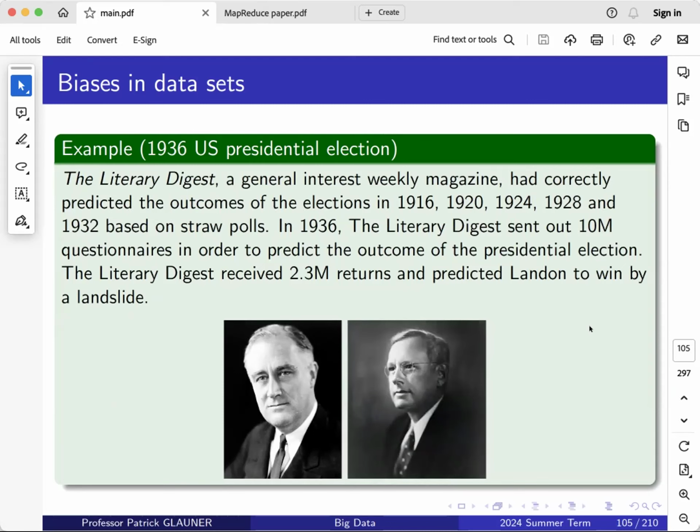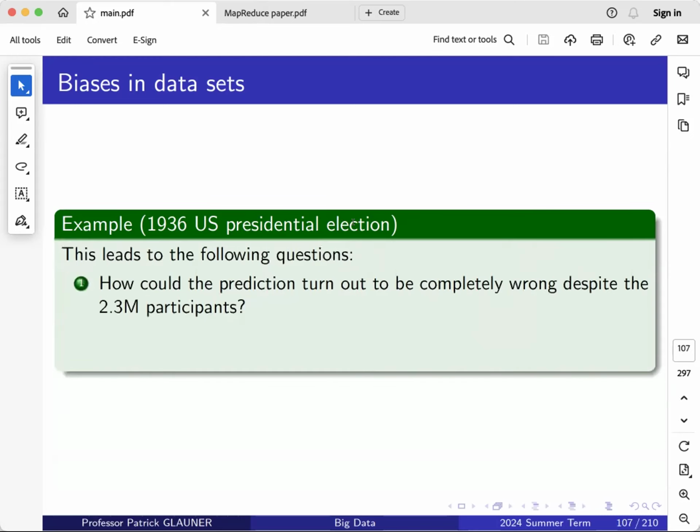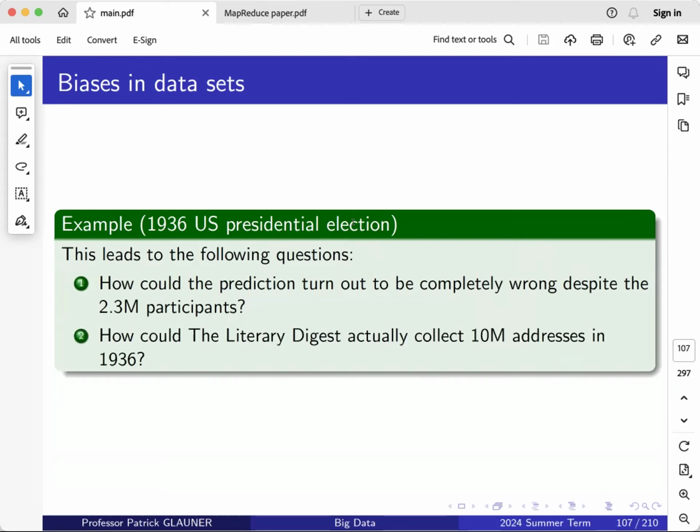So now we have a couple of questions. The Literary Digest correctly predicted the elections of 1916, 20, 24, 28, 32, so people had a lot of confidence in the prediction from 36. How could this go wrong despite 2.3 million participants? And how could the Literary Digest collect 10 million addresses in that time?